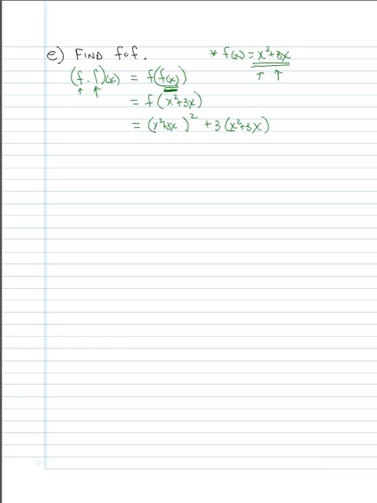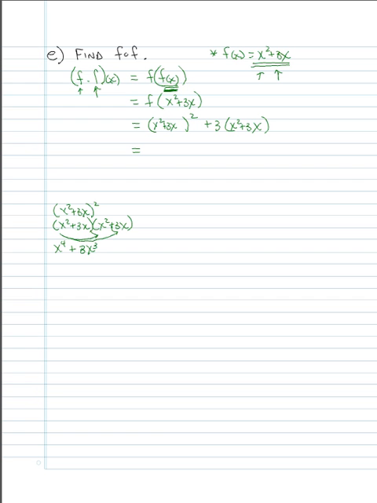Well, we have a little bit of work to do here, of course, because we need to calculate what x squared plus 3x being squared is. And that's just x squared plus 3x times x squared plus 3x. To do this multiplication, we have to multiply the x squared and the x squared, don't we? So that gives us x to the 4th. Then we multiply the x squared with the 3x, and that will give us 3x cubed.